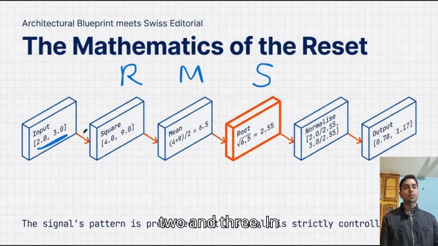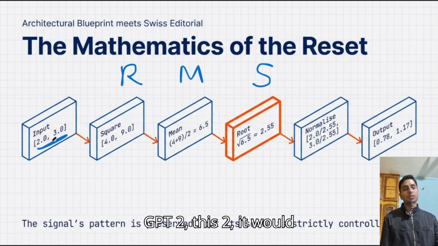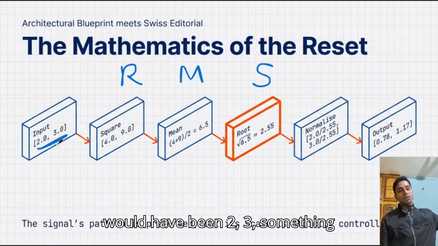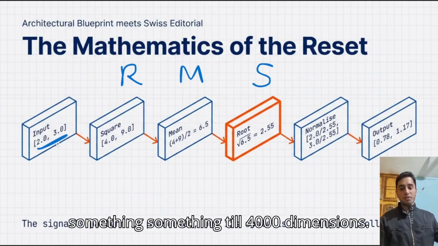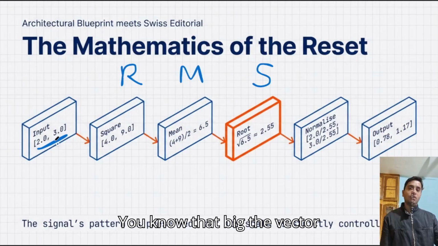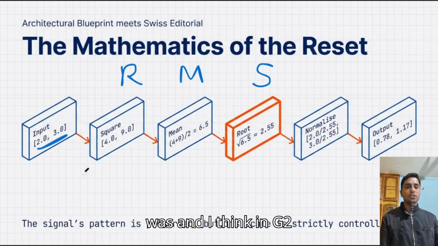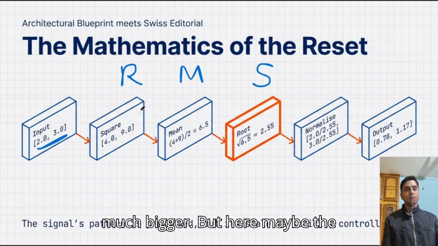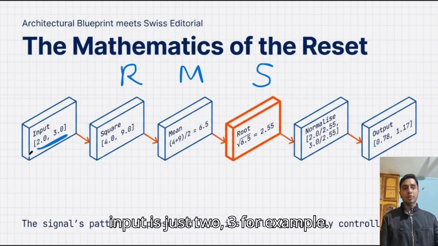In GPT-2, it would not have been 2 comma 3, it would have been 2 comma 3 comma something something till 4,000 dimensions. That big the vector was in GPT-2, and in bigger models it is much bigger. But here maybe the input is just 2 comma 3, for example.